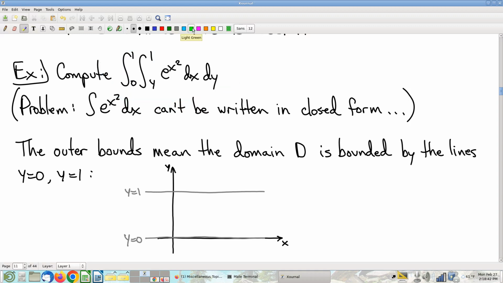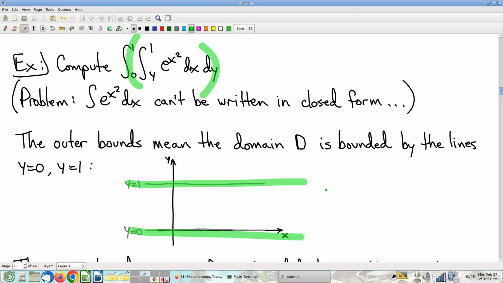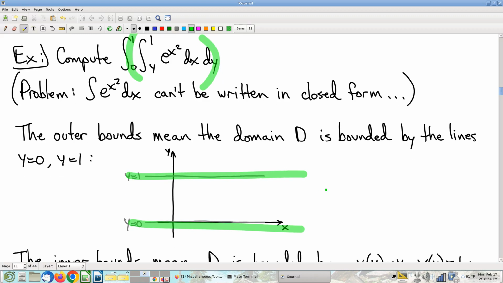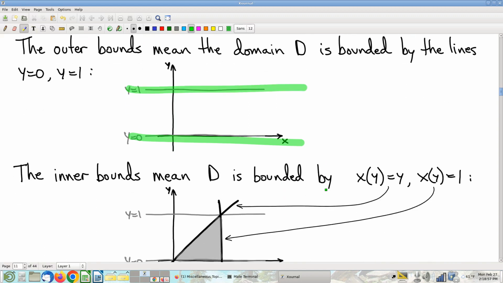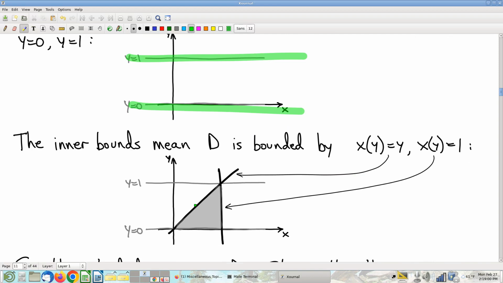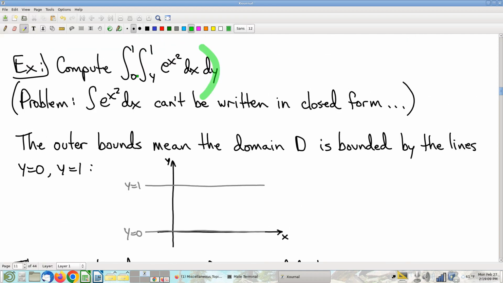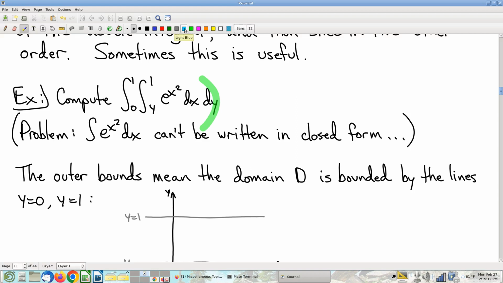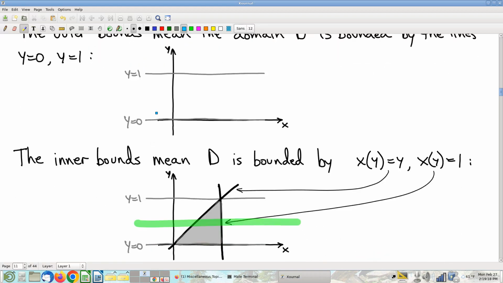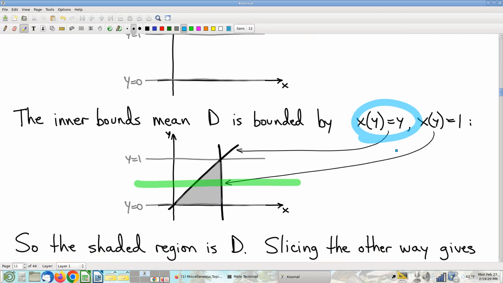You can see from the way this is written, y goes from 0 to 1 here. So those are my starting and ending y slices, apparently. Right? And then furthermore, for a given value of y, whatever value of y in between those, the x lower bound is where x is equal to y, which is on that curve, namely giving me that point.